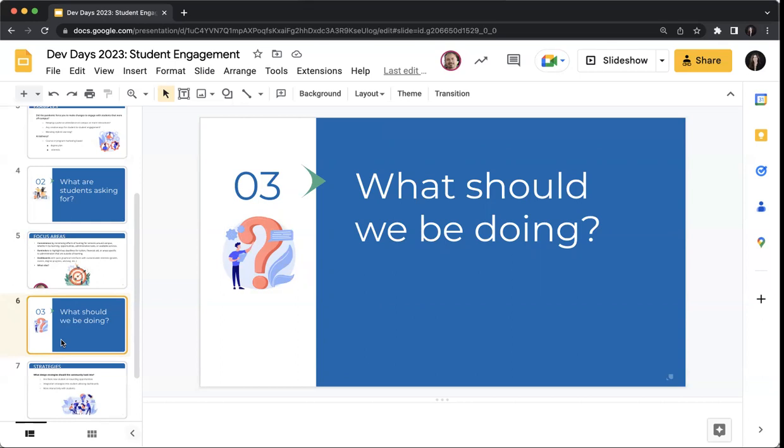Okay. So next is, what should we be doing as far as the portal to increase student engagement? Tomorrow, I believe, is when we start discussing our roadmap with uPortal.